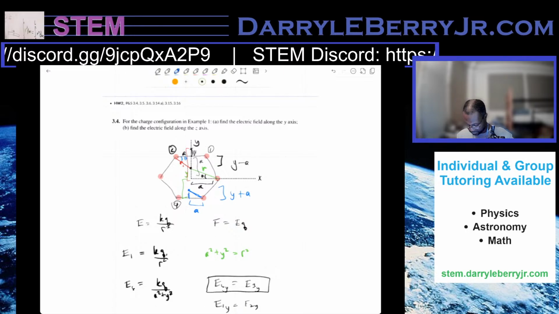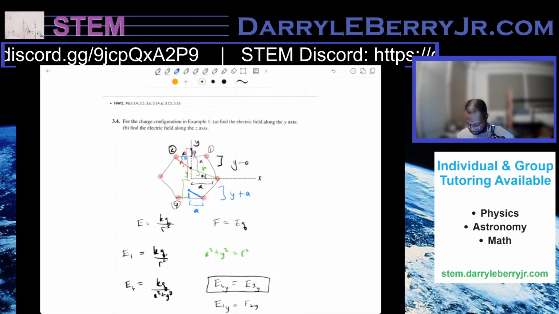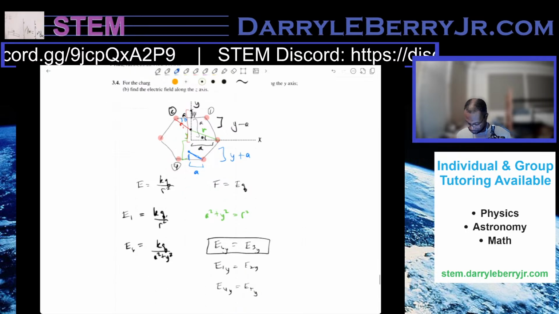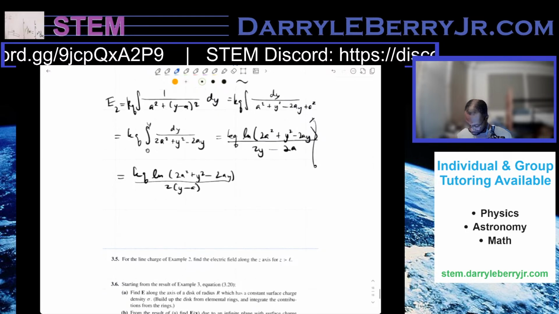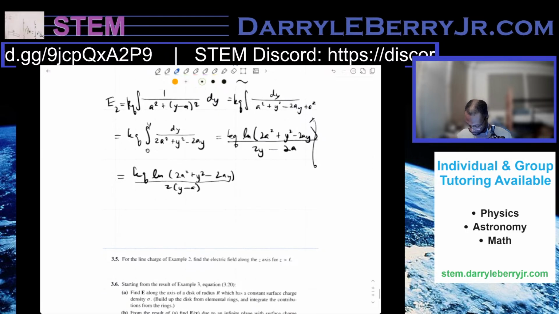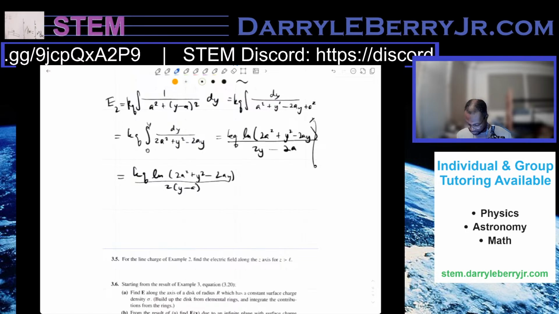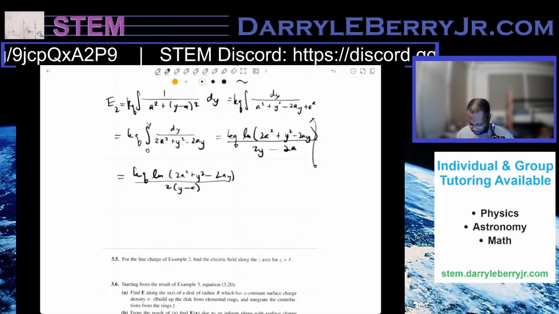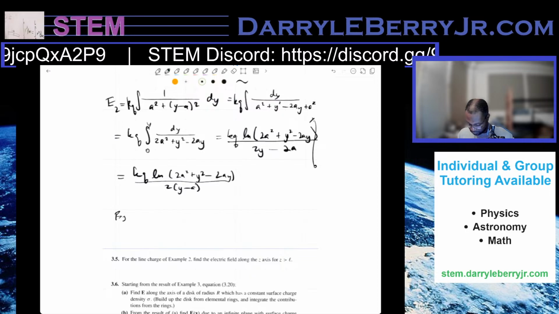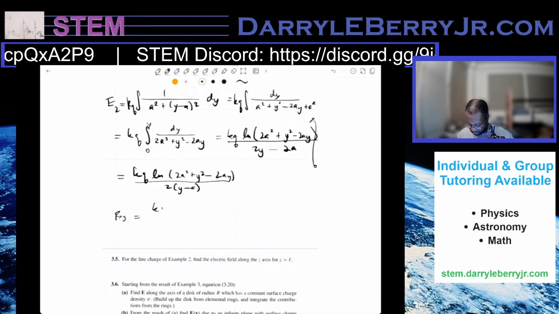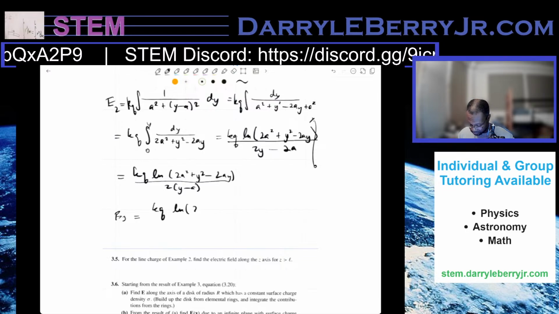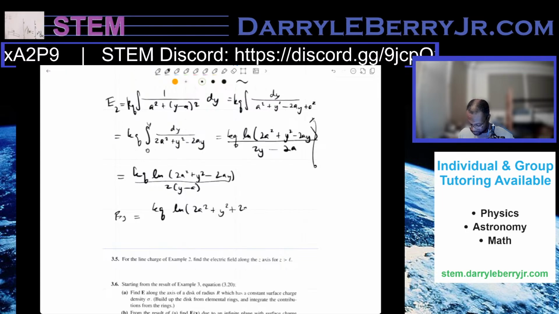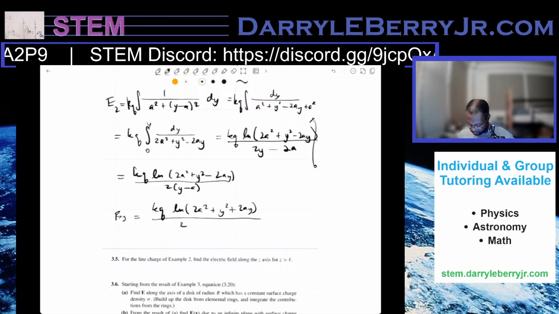Give me a negative, let's say negative a over 2 plus a 1/2. Yeah, so it's y plus a. It should be the same, except that'll be a plus. E3 would equal kq ln 2a squared plus y squared plus 2ay over 2y.